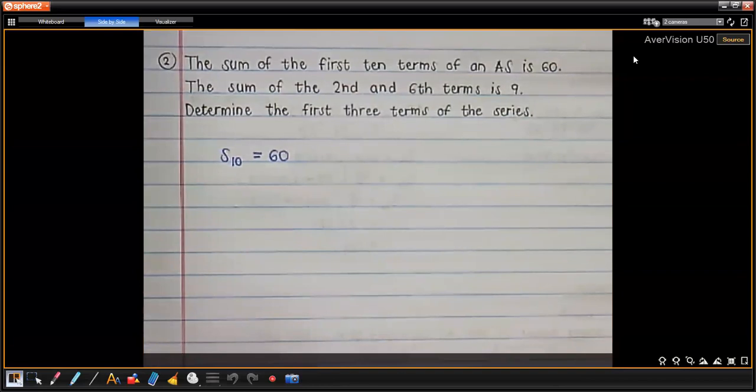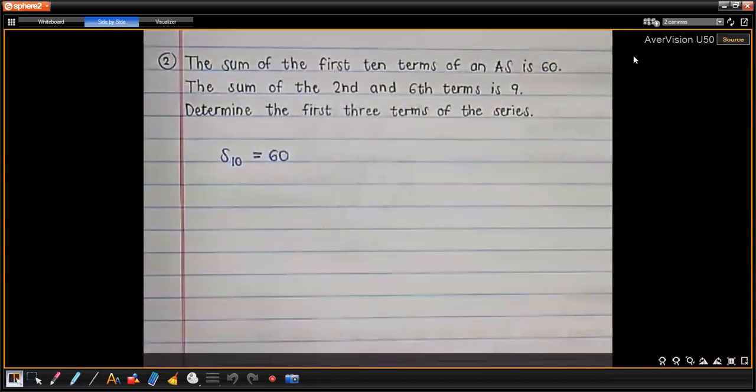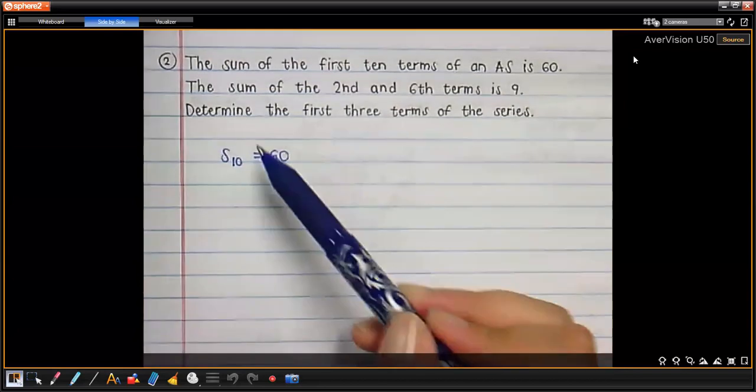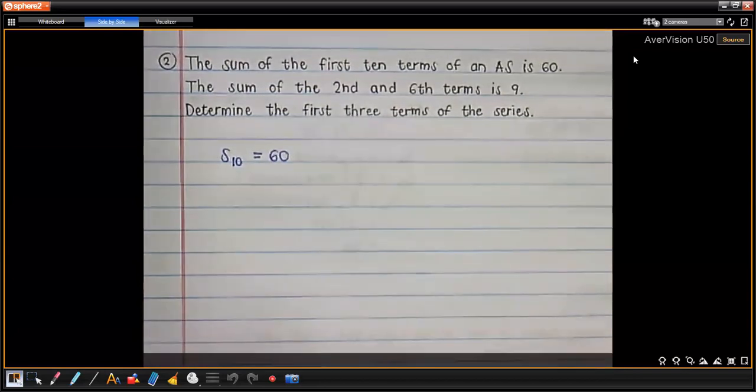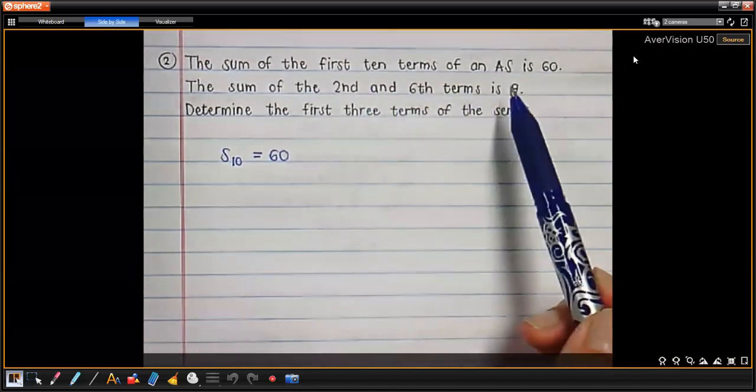We can't use the sum formula for that because the sum formula only works from term 1 to a specific term, like the sum of the first 10 or the first 6.